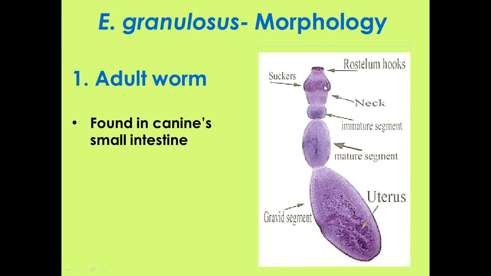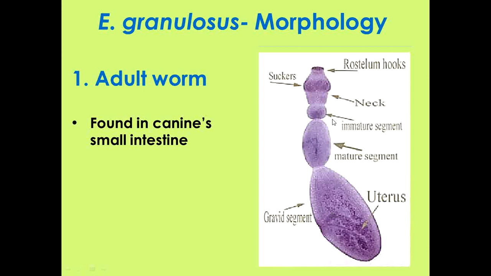It has suckers, the rostellum is present, and along with the rostellum there are two circular rows of hooks. The neck is short and thick, and the strobila has three segments: the immature segment, the mature segment, and the distal segment, which is going to be the gravid segment. So it is going to produce ova.